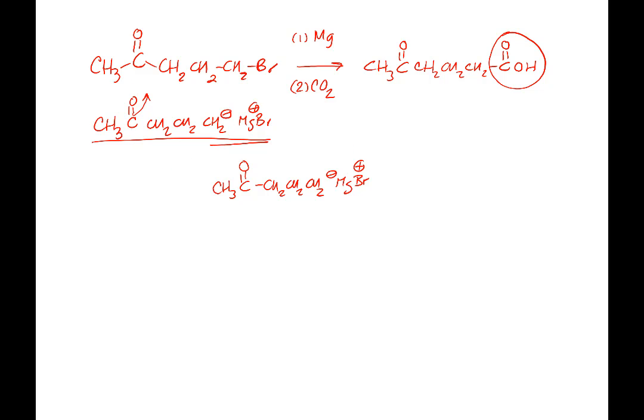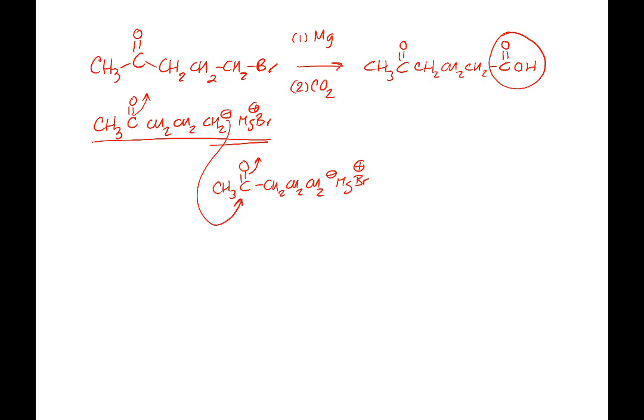So instead of an intramolecular reaction, it would do an intermolecular reaction, where it would come down here and add to that ketone. Because it's not just one molecule that I'm working with. And whichever one happens, my Grignard's going to be gone before I ever add the CO2.